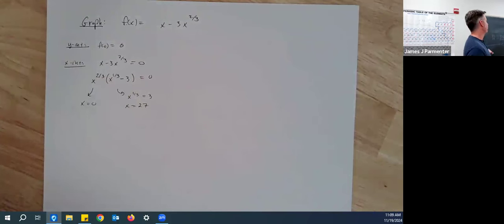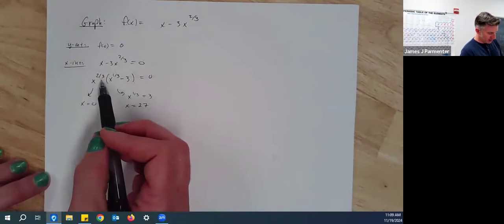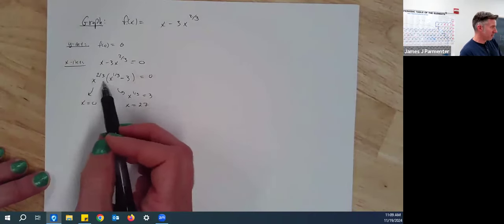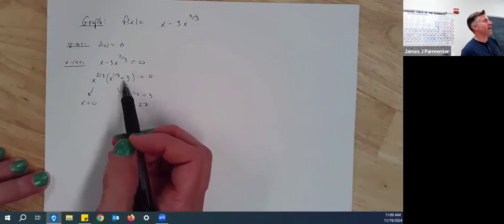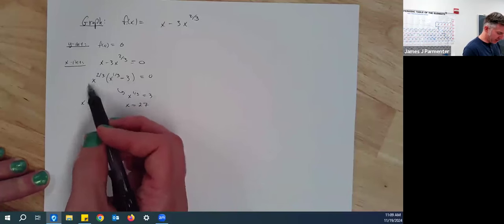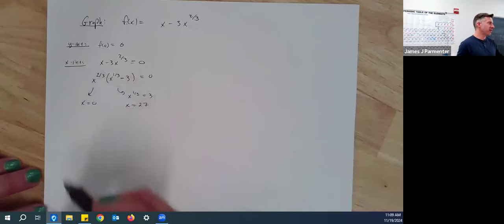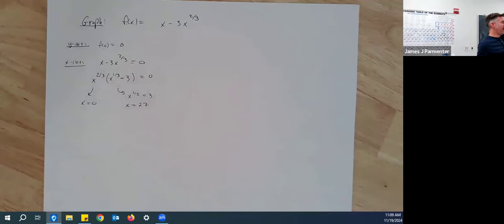This function, it's not a polynomial, but if x gets really, really big, the whole thing's going to get very big. If x gets really negatively big, this part's going to be positive, this part's going to be very negative, and a positive times negative is very negative. So we're expecting the graph to go up to the right and down to the left.